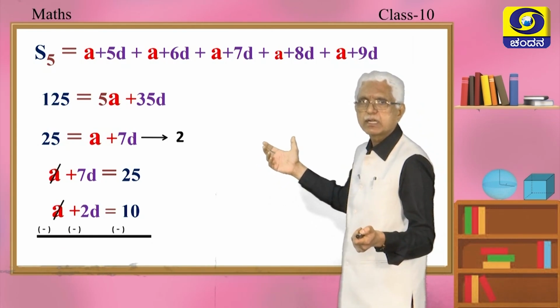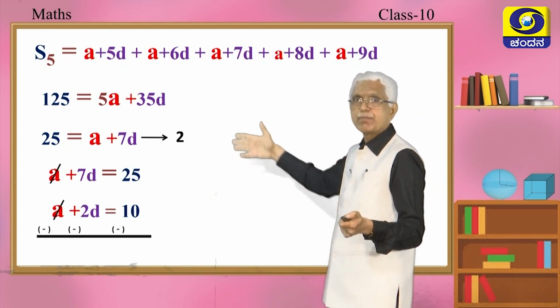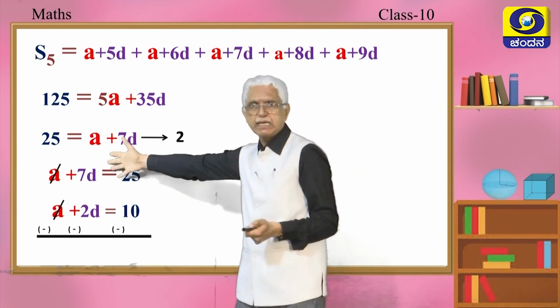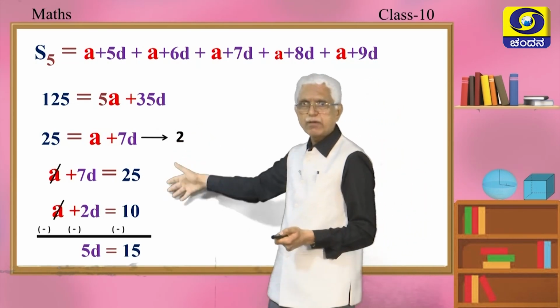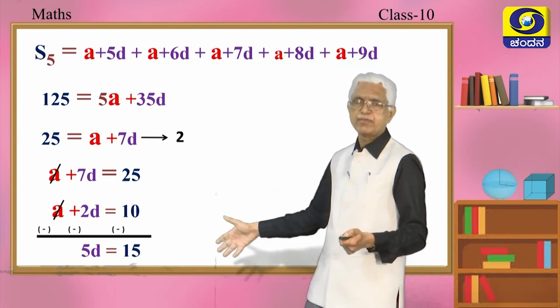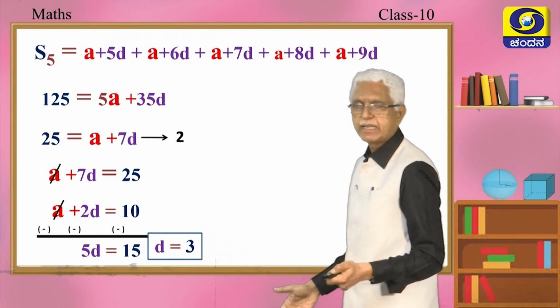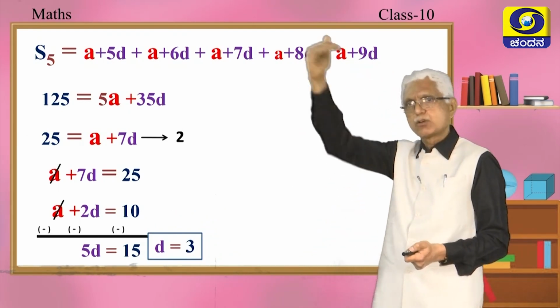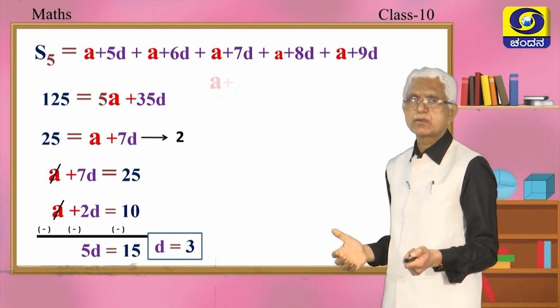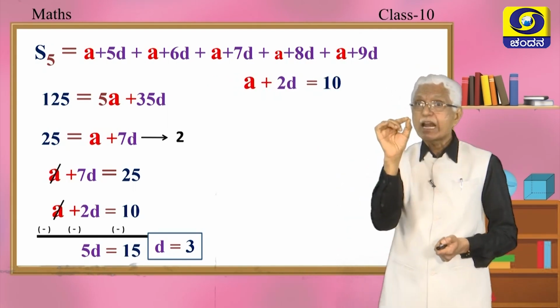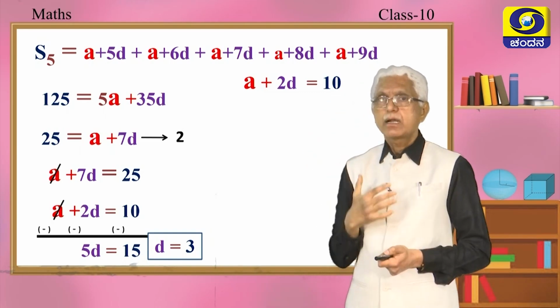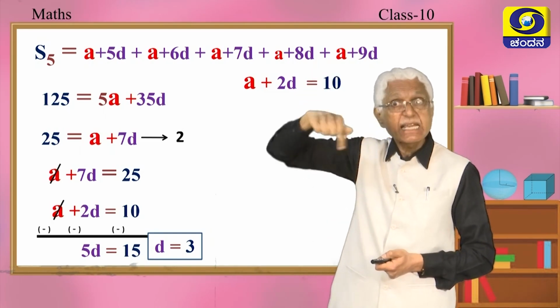Please watch here, and you have 7D minus 2D, which is nothing but 5D, and you have 25 minus 10, which is nothing but 15. 5D is equal to 15, and simplification, D is equal to 15 by 5, D is equal to 3. So, you got the value of D as 3. Now, remember I have to write the AP, no?